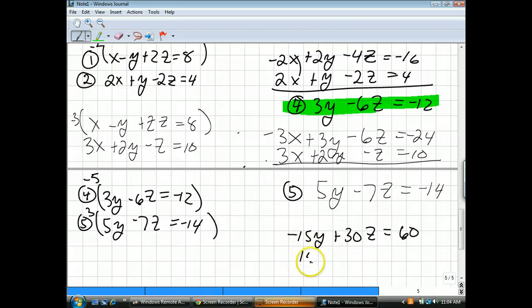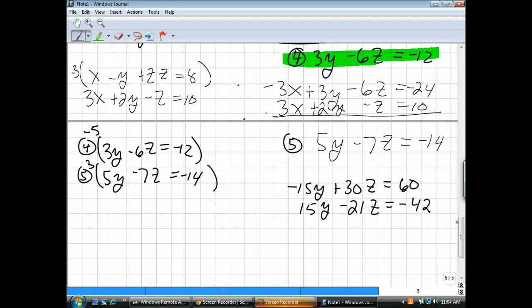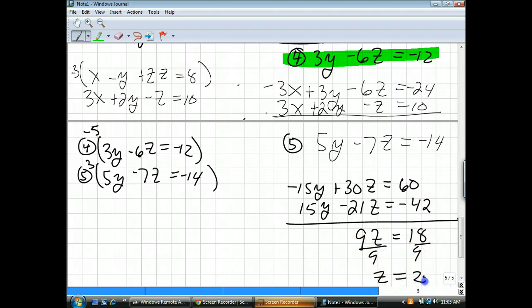And then 15y minus 21z equals negative 42. Add those together. These have to add up to 0. And so we get 30z minus 21z is going to be 9z equals, and this is going to be a positive 18. Divide by 9. So z equals 2.